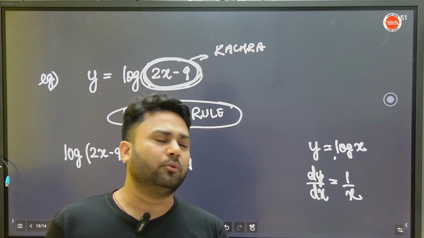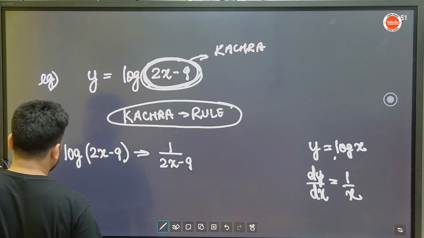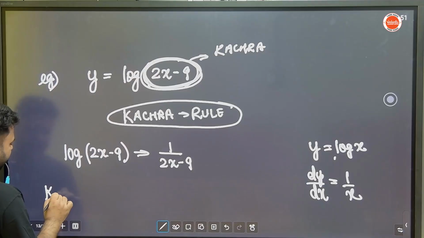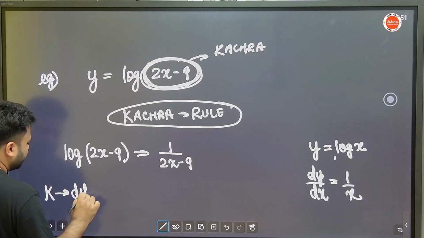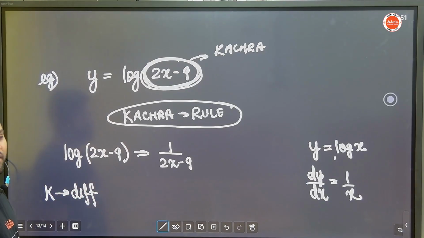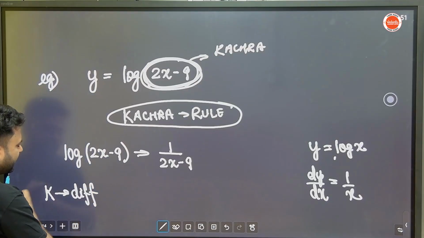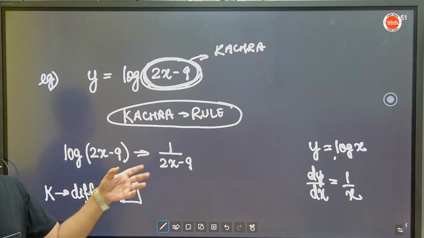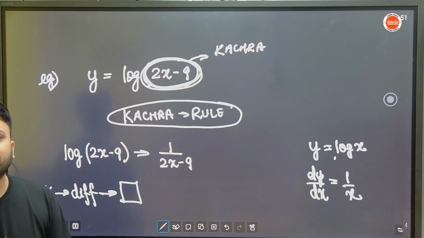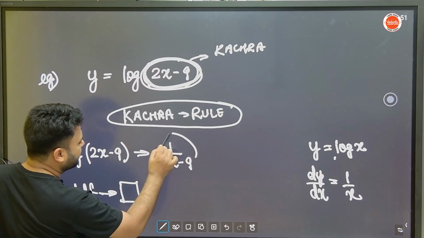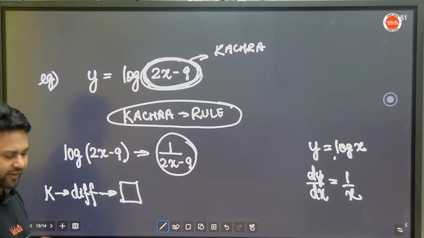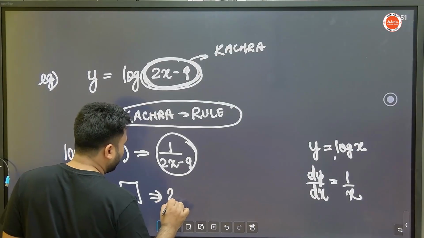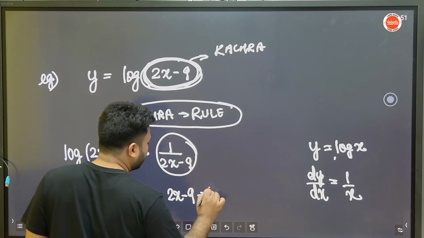One more step you have to do. What is the one more step? This kachra, whatever you have calculated, you differentiate the kachra. Whatever you get after differentiating the kachra, you multiply with the answer you got. For example, 2x minus 9 was our kachra.